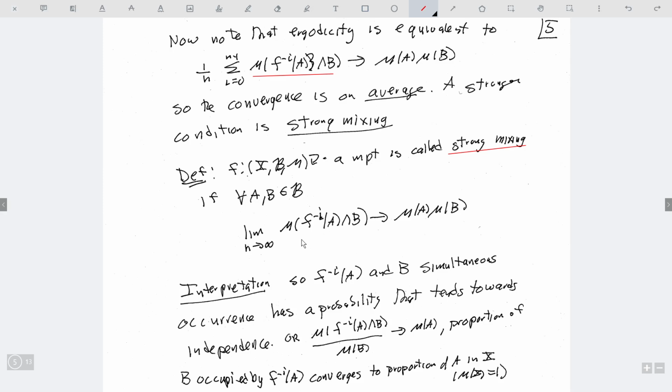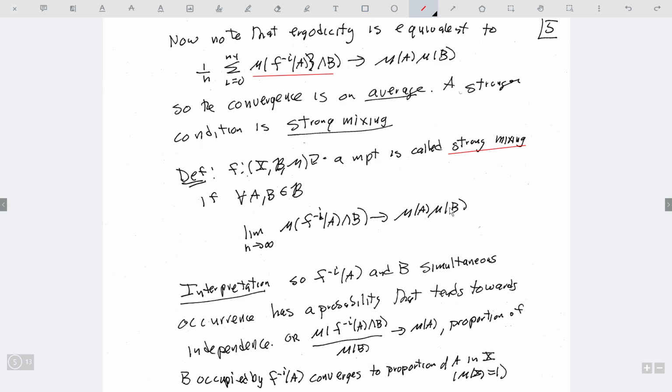All right, so if you think about this probabilistically, this intersection corresponds to events that simultaneously are this and this, and that tends towards independence. As I said, the product of two probabilities means the events are independent.